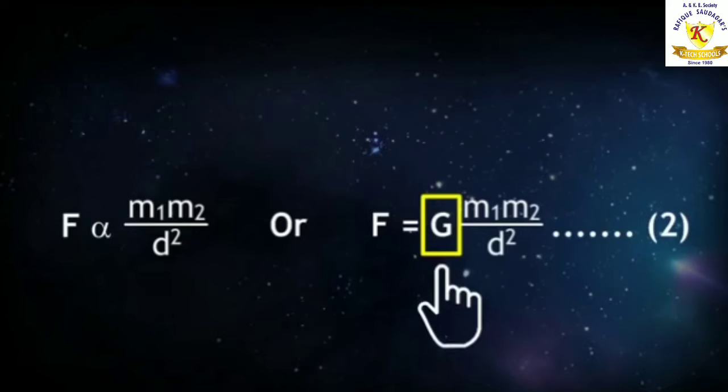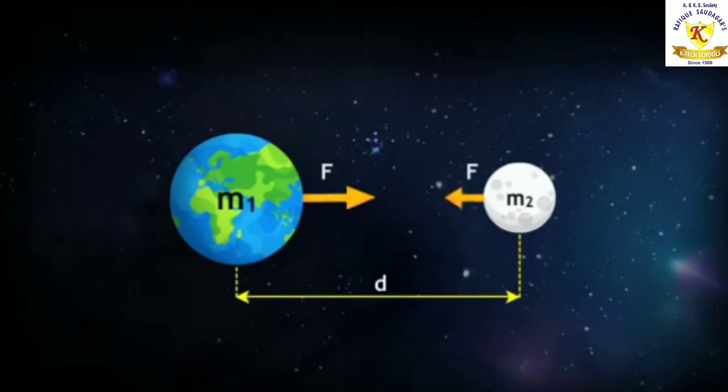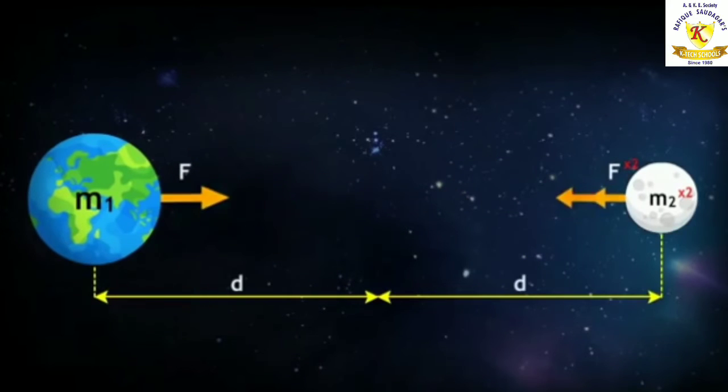Here G is the constant of proportionality and is called the universal gravitational constant. The above law means that if the mass of one object is doubled, the force between the two objects also doubles. Also, if the distance is doubled, the force decreases by a factor of 4.